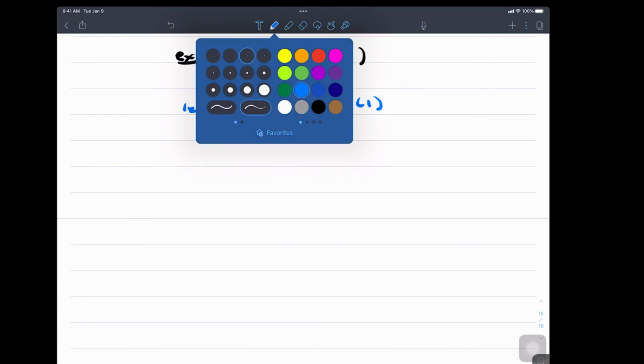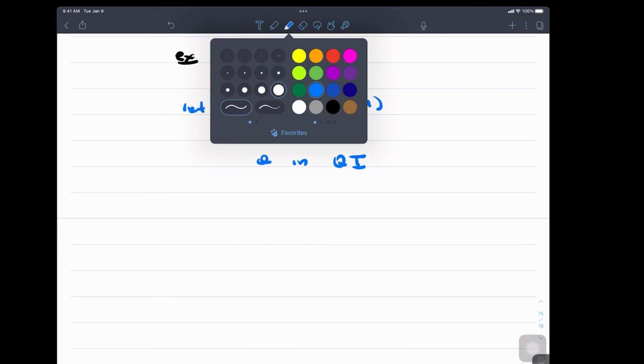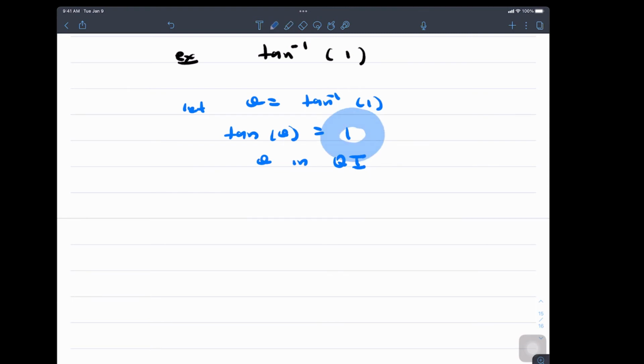Theta's in quadrant what? 1. Okay, you guys okay with that? You say, how do we know? Because tangent is what again? Positive.